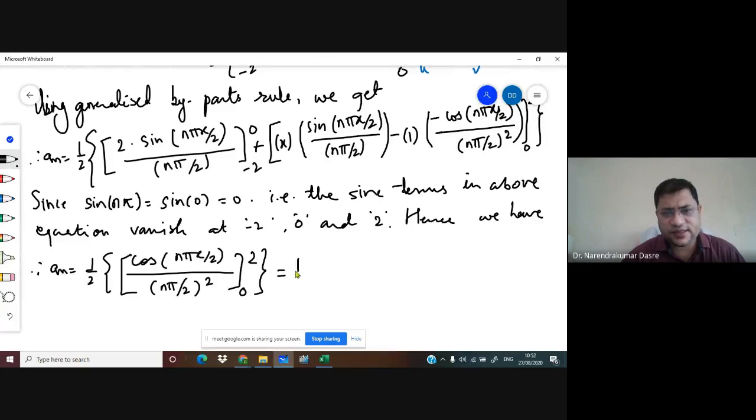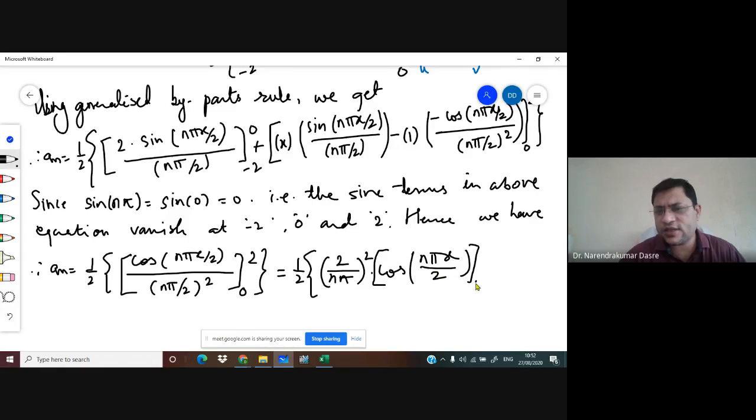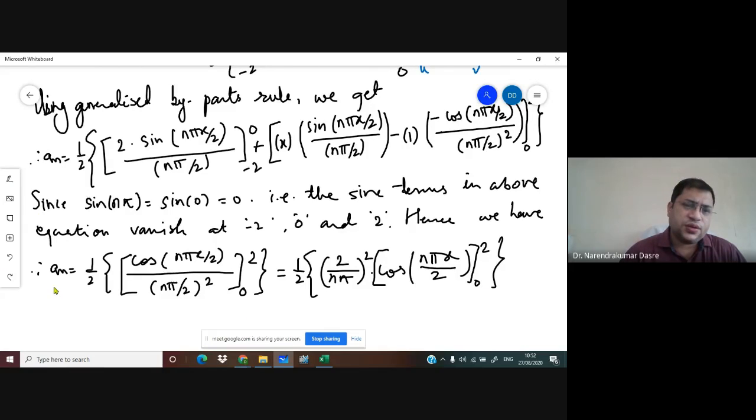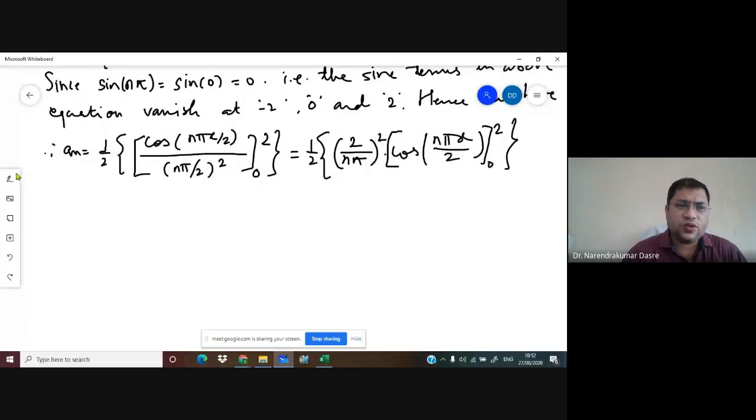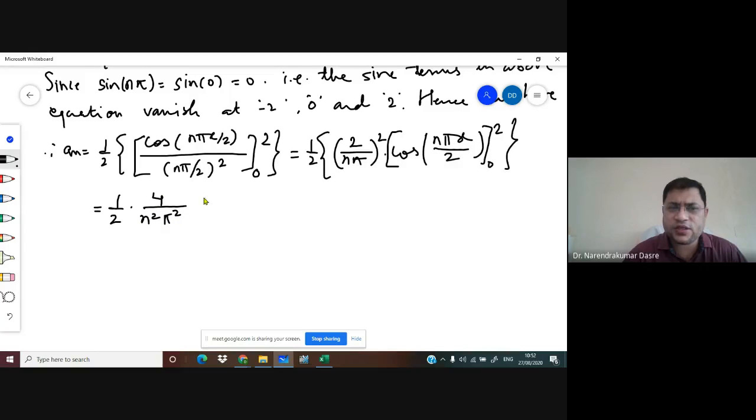So we can simplify this as half of 2 upon n pi bracket square into cos of n pi x by 2. And this being a constant, we have to apply the limits for this term. Now let us simplify. What will we get here? So this is 1 by 2. Then you'll be having 4 upon n square pi square. And what will be the limit?